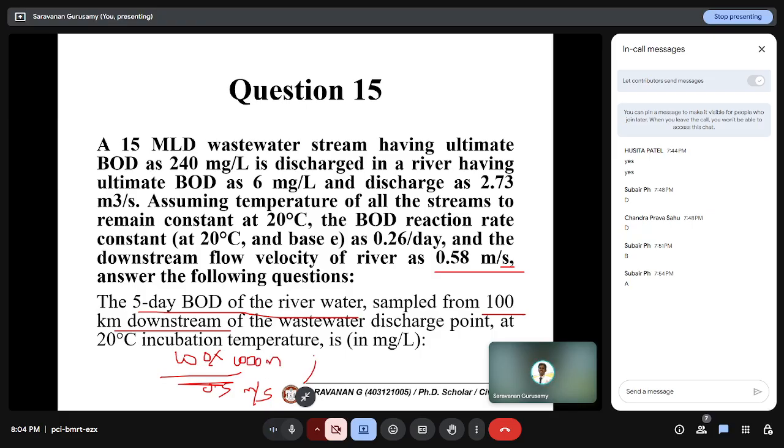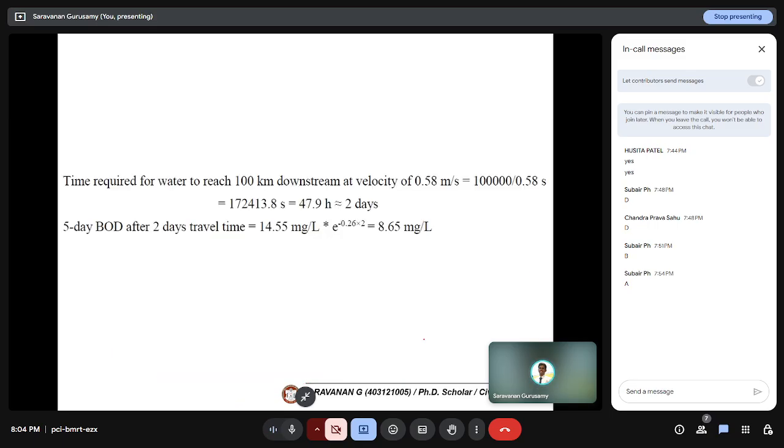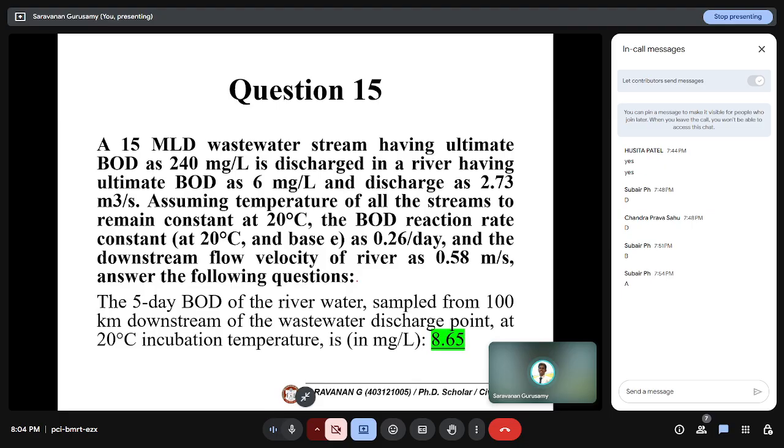If you take the division, you will get the time in seconds. Then convert to hours, convert to days, it is 2 days. So what is the BOD formula? L naught we know, e power minus k is same, t is 2 days. You will get the BOD at 100 kilometers. 100 kilometer is 2 days.